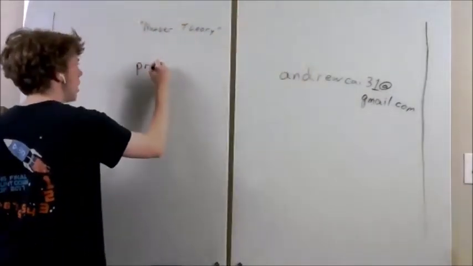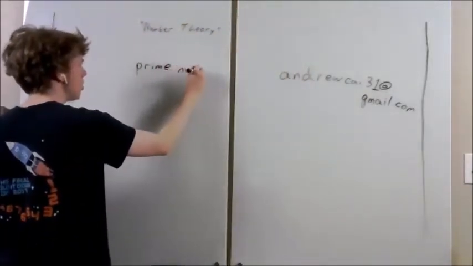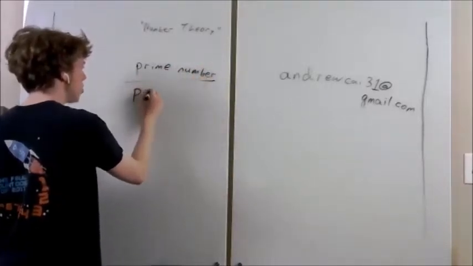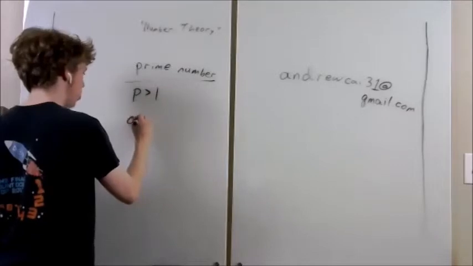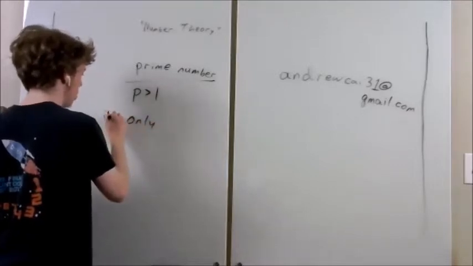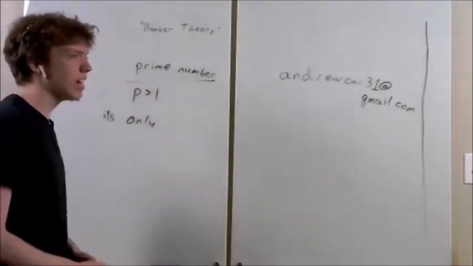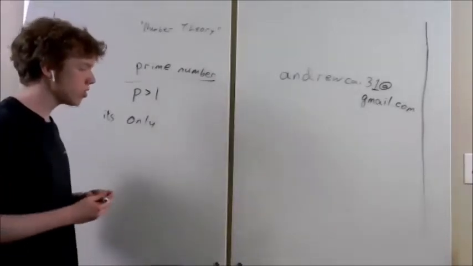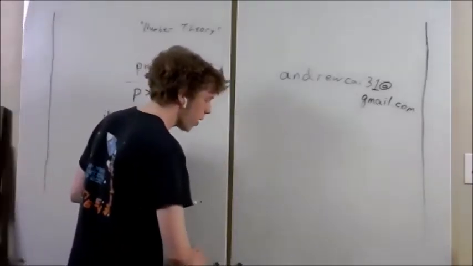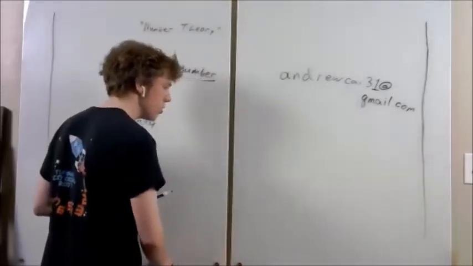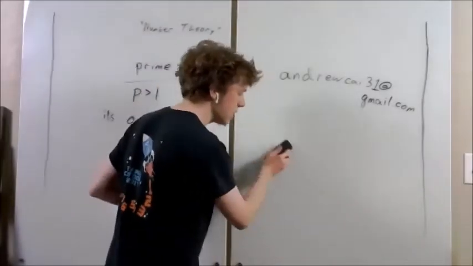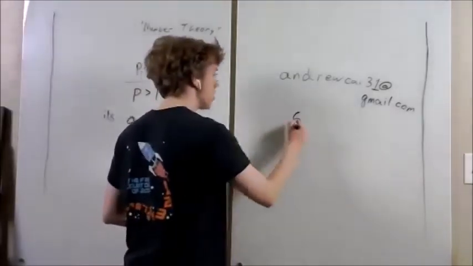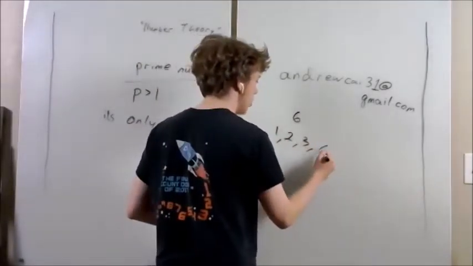So most of you likely already know what a prime number is. Basically, it's a positive integer p greater than 1, where its only positive divisors, and I'll just say divisors. Technically, I guess -2 is a divisor of 6, but when just about anybody says divisors, it's implied that they mean positive divisors. So the divisors of 6 are 1, 2, 3, and 6.